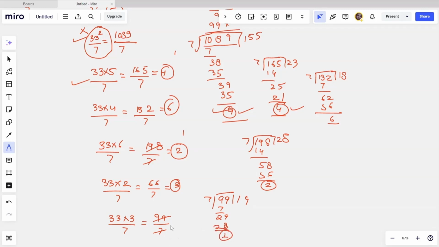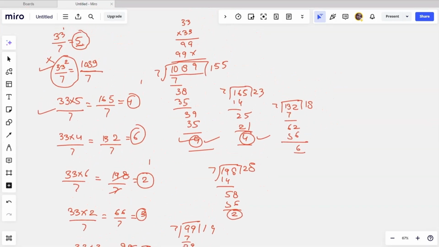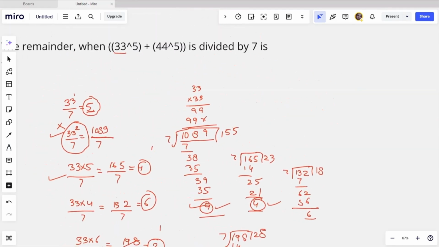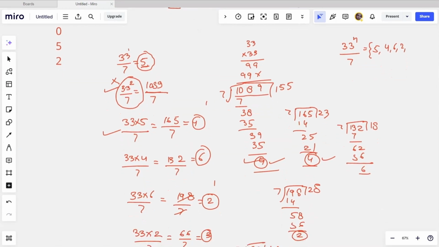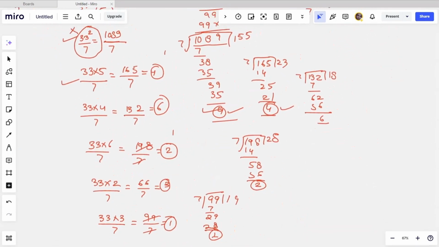We are getting what we are finding. The remainder is 1. It means it is basically following a remainder cycle. It means we can say 33 raised to the power, and the power doesn't matter, divided by 7 will follow a cyclicity of 5 4 6 2 3 1.